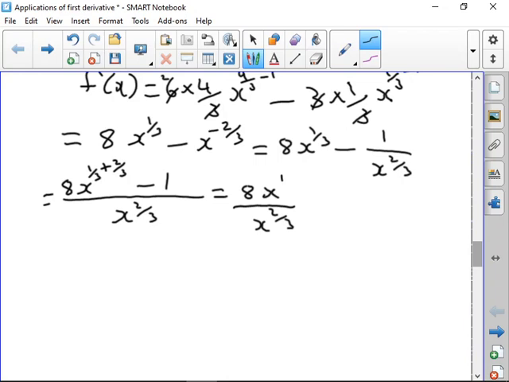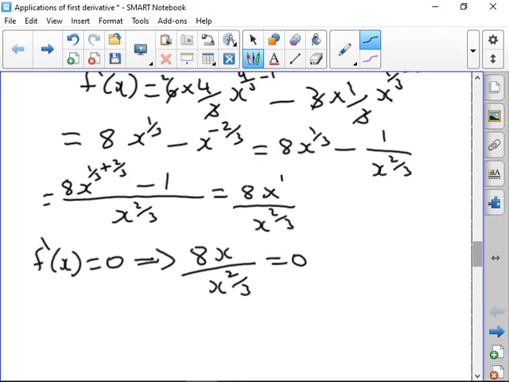Okay. Now f dash of x is equal to 0. So 8x by x power 2 by 3 is equal to 0. So from this what do we get? 8x is equal to 0. So x is equal to 0.